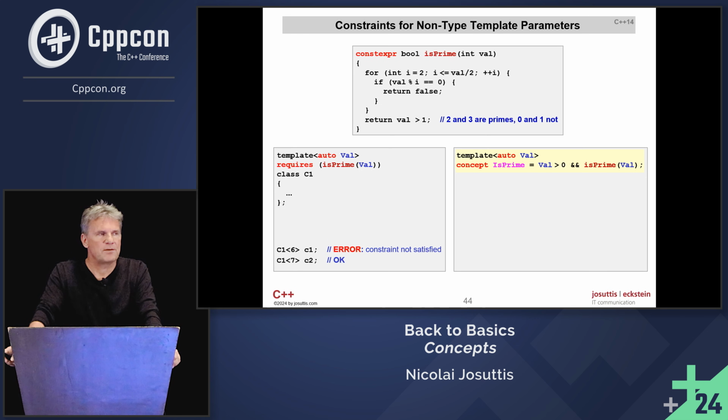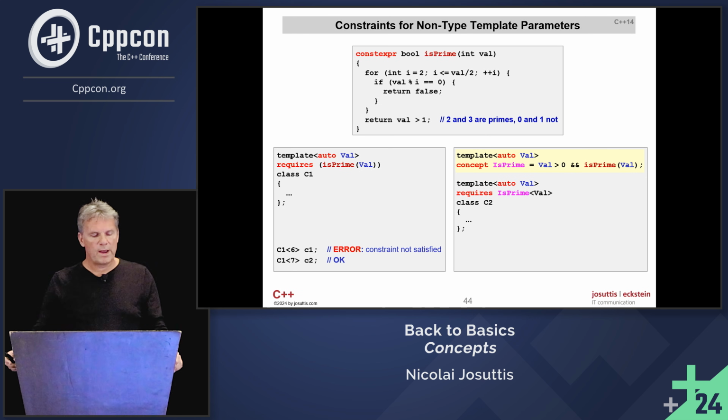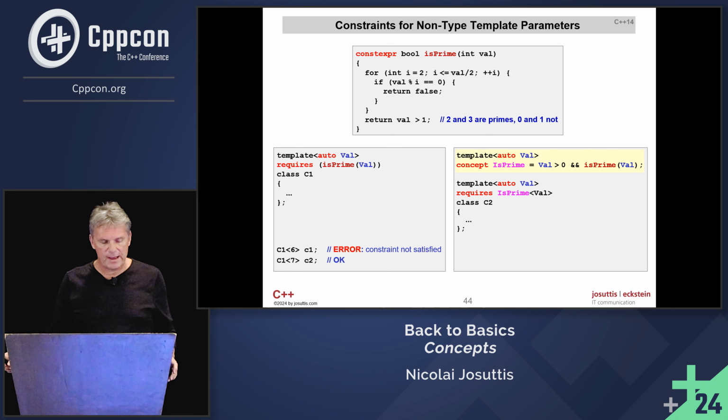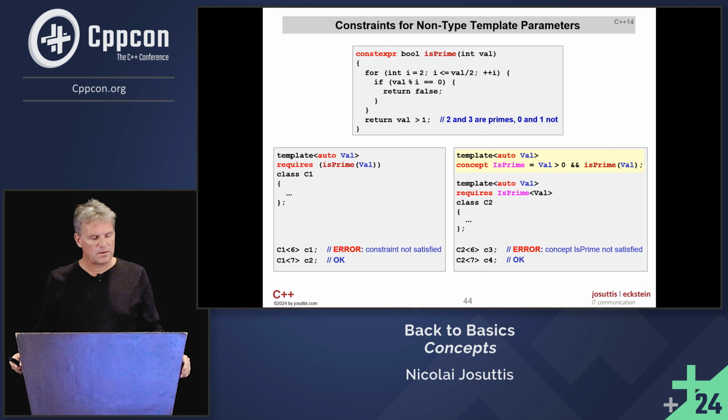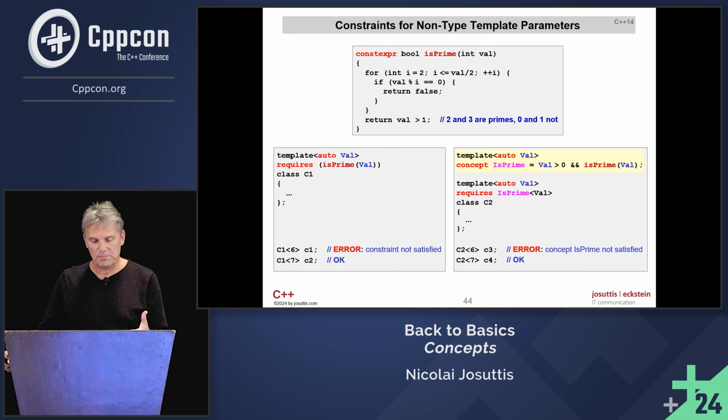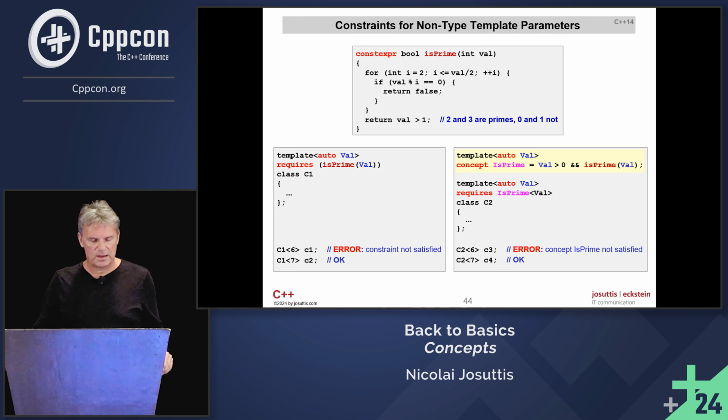All of this is then evaluated at compile time when, for example, a class requires that this is a prime number, and then we get the same errors, but with a different, more interesting message. If there's an error, we will not say that for some reason the constraint is not satisfied. We will say the concept is prime is not satisfied.